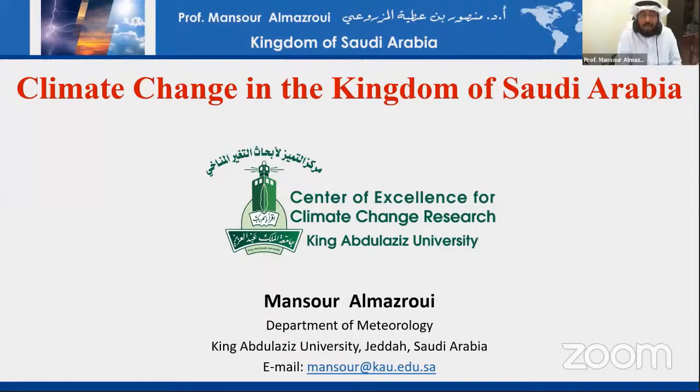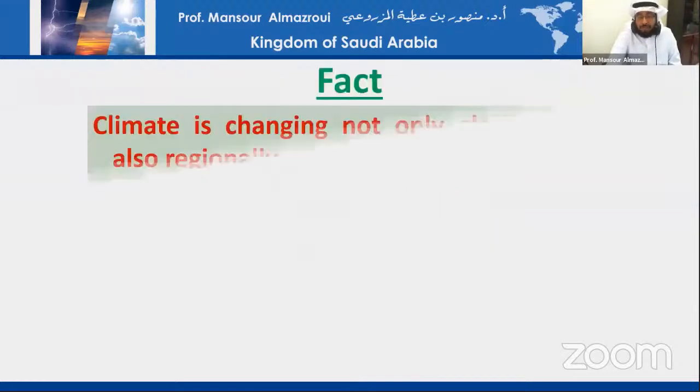I have more than 120 publications and issues related to climate change, mainly over Saudi Arabia. And my presentation today is about climate change in the Kingdom of Saudi Arabia, and I will show it to you in the following slides.